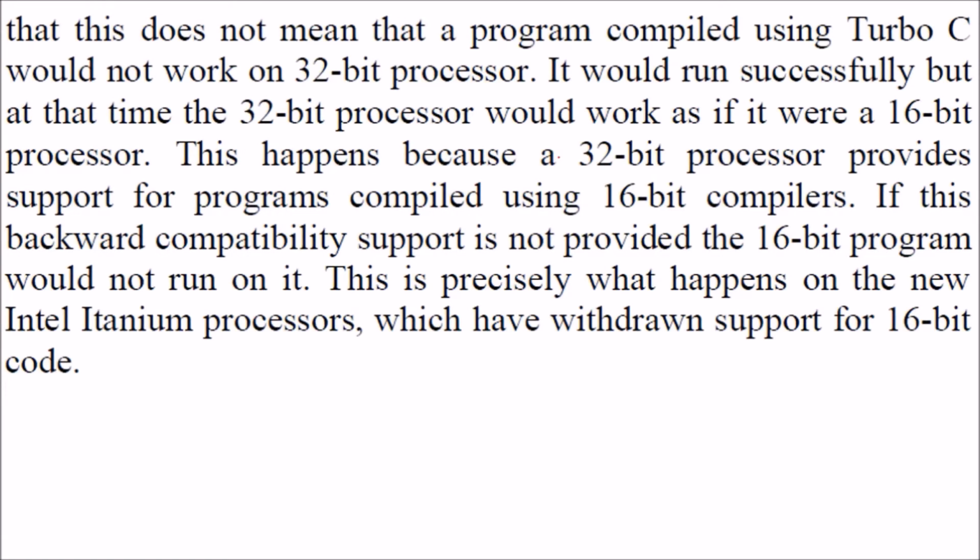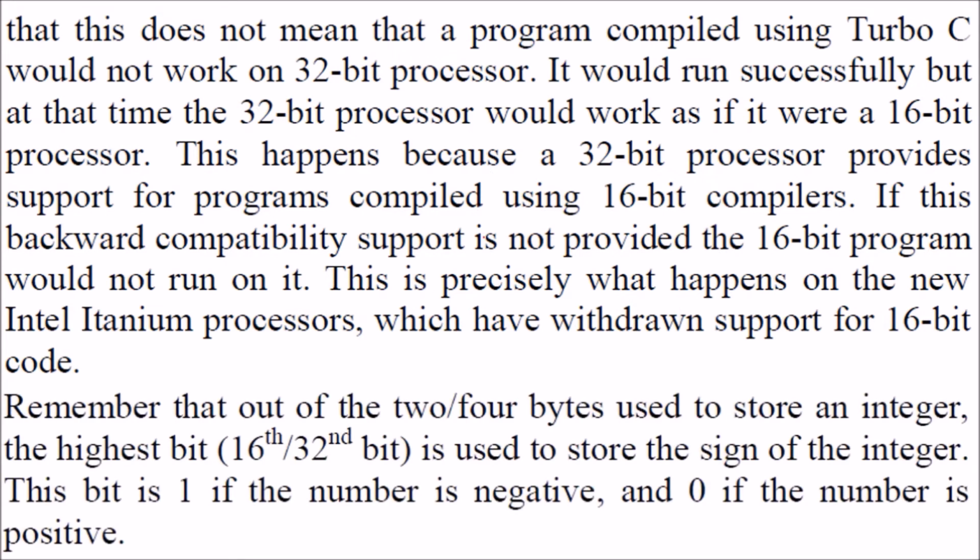So this means that a 16-bit will work on 32-bit, 32-bit on 64-bit, but the backward compatibility is not there. Means if you have made a 32-bit program, it's highly unlikely that it is going to run on 16-bit.